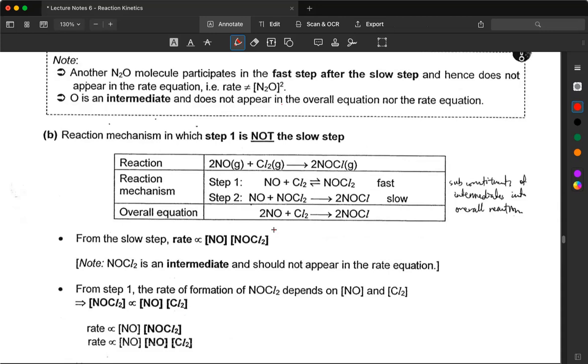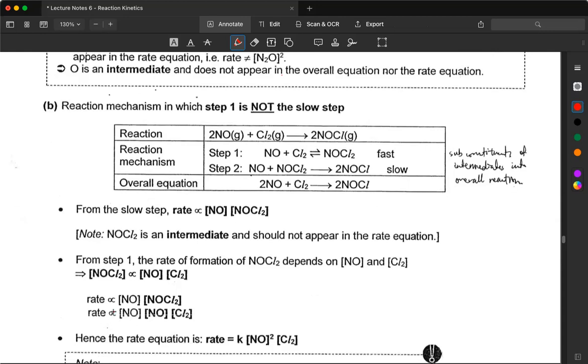You know that the rate of formation of NOCl2 is dependent on NO and Cl2, right? So NOCl2 is directly proportional to these 2. The faster the formation of NOCl2, the faster NO and Cl2 react, correct? So instead of writing NOCl2, you put NO and Cl2, and then you just adjust accordingly.